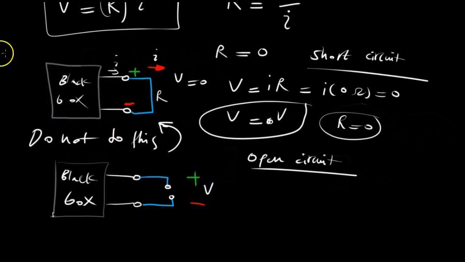I'm going to draw a current flowing this way, but there's no current flowing, because when you have an air gap like that, when the connection is broken, you have resistance approaching infinity.